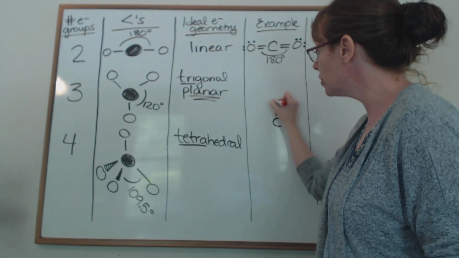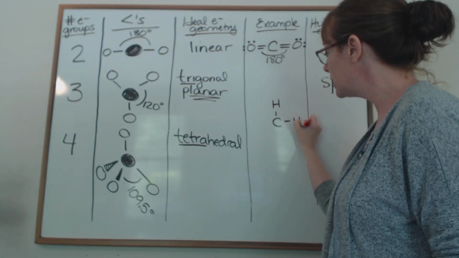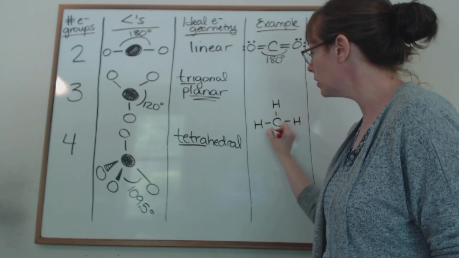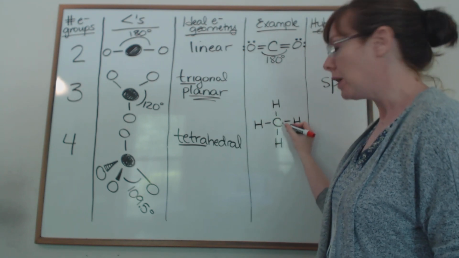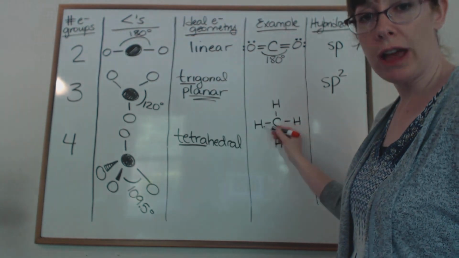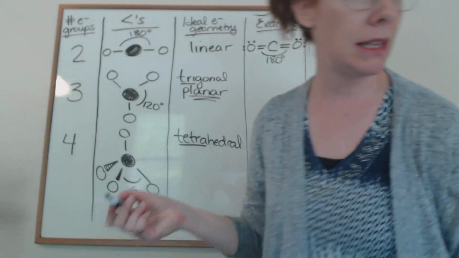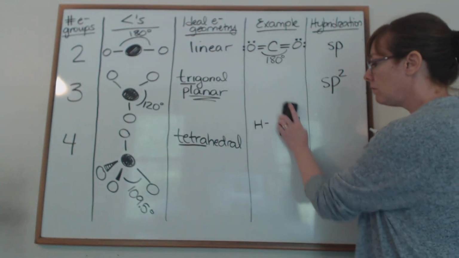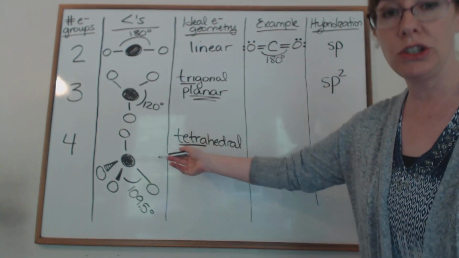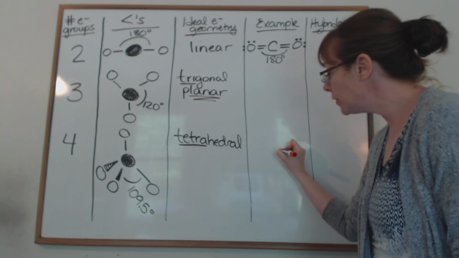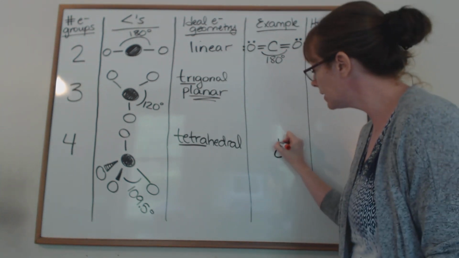CH4's Lewis structure looks like this. Once again, you always start with the Lewis structure. When you get that Lewis structure, you look at the central atom and you count 4 electron groups around it. And that's why it adopts the tetrahedral geometry.